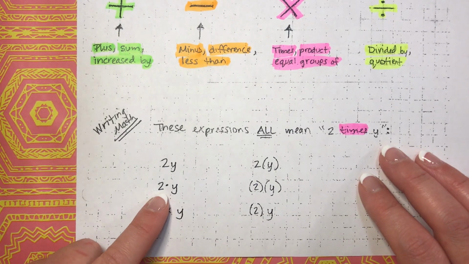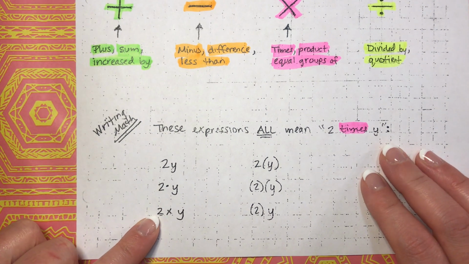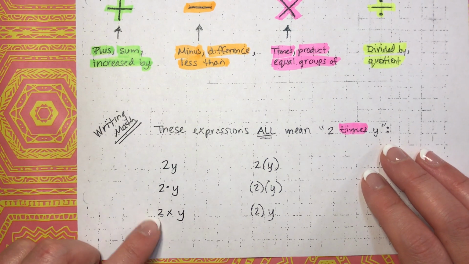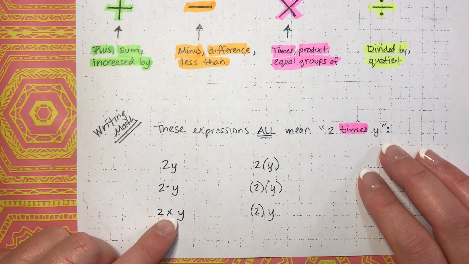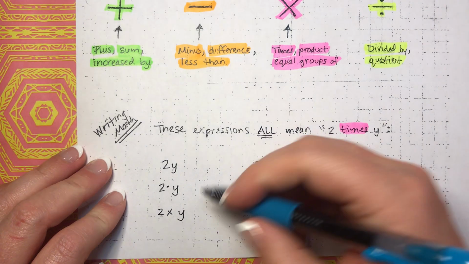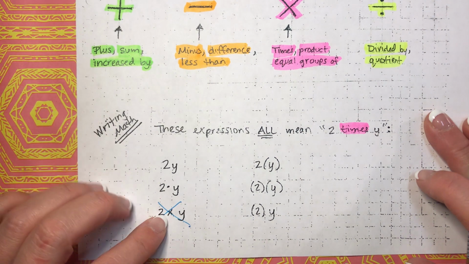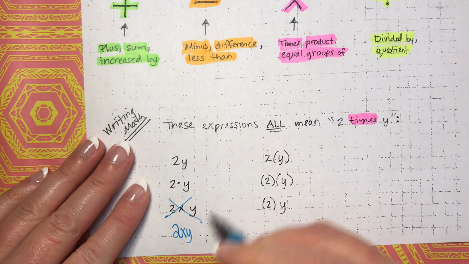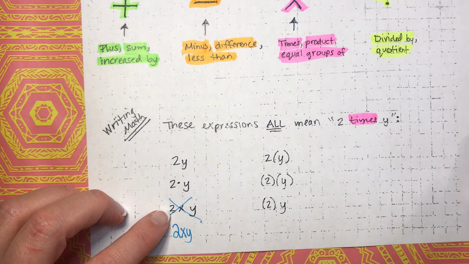You can also write it like this, 2 with this dot, y, 2 times y. You can write it like this, you know, this is an old school times symbol, y, but why is this not a good option now? Well, the reason why is because this multiplication sign looks like a variable, and now that we're dealing with variables, we do not want to write 2 times y in this manner when we start dealing with algebra and upper mathematics, because it can be very, very confusing, because one day you'll be dealing with this, 2xy, and that means 2 times x times y. All right, and we don't want to get that confused with 2 times y.